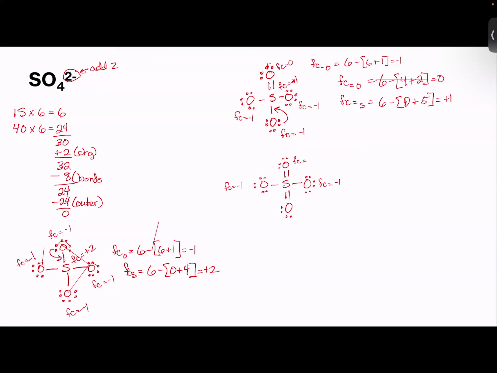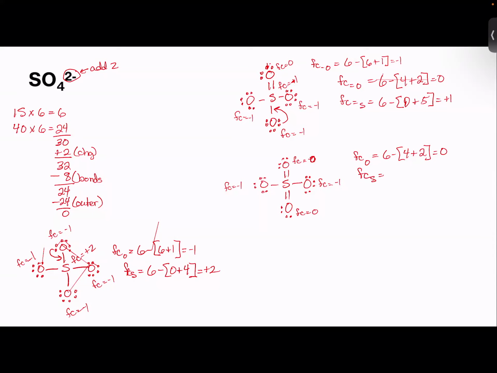The question is, what happened to the formal charge of what underwent a change? So the formal charge on the oxygen that underwent a change is now 6 minus the number of dots, which is 4, plus the number of bonds, which is 2. So that means it has a formal charge of 0. And our sulfur also underwent a change.